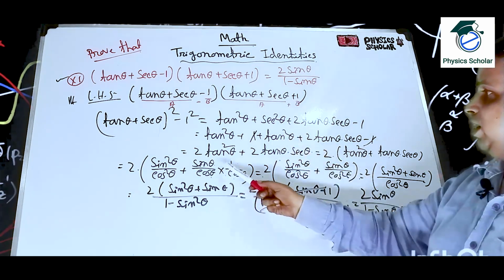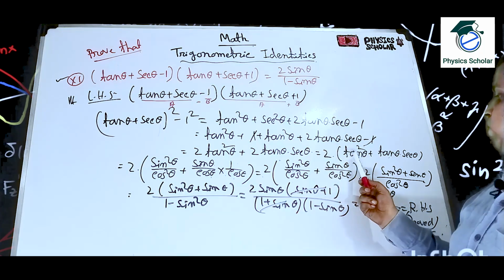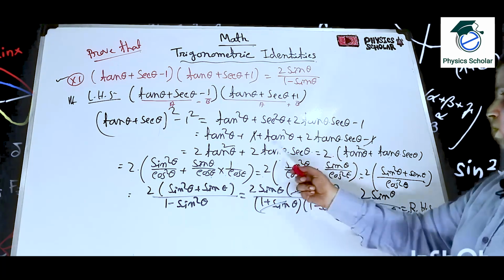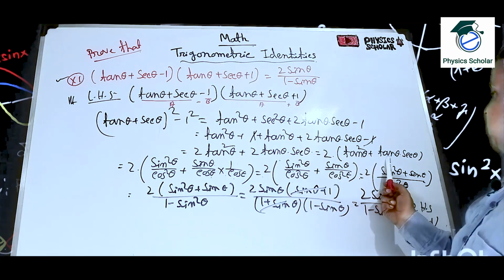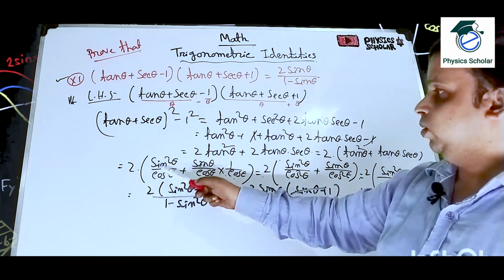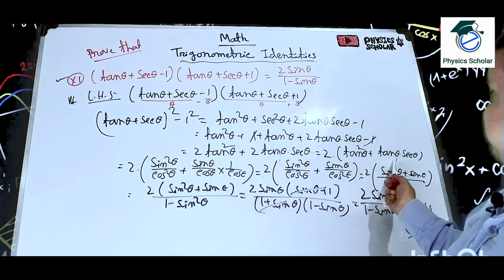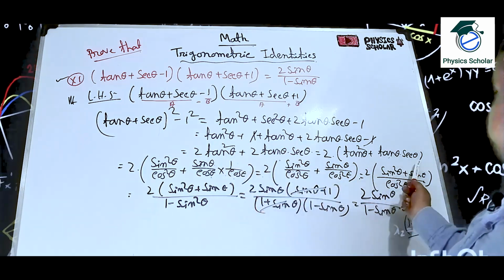Minus 1 plus 1 will cancel. So 2 tan square theta plus 2 tan theta sec theta is equal to 2 into tan square theta plus tan theta sec theta, 2 common. Now tan, we know, is sin by cos, that means sin square theta by cos square theta plus tan theta means sin theta by cos theta into sec theta means what?